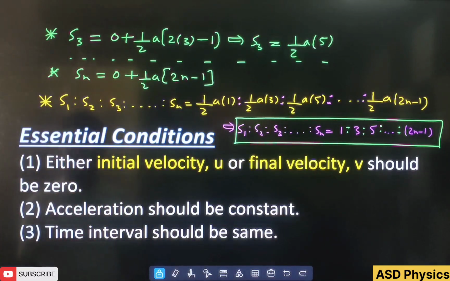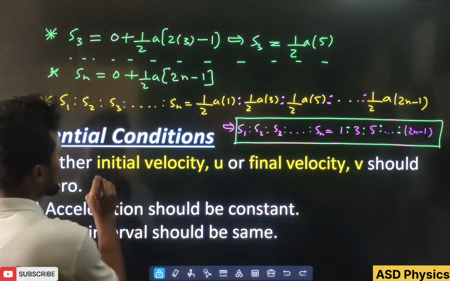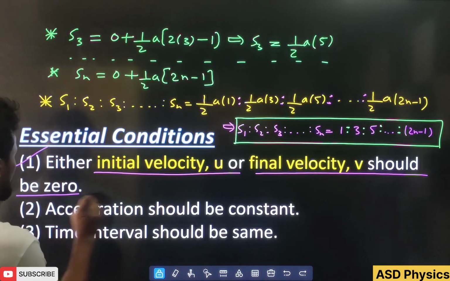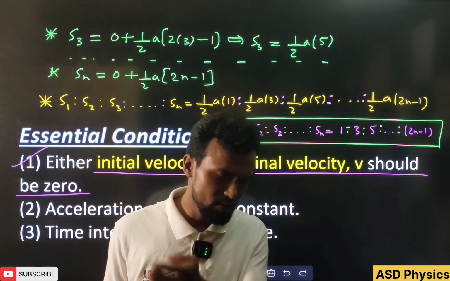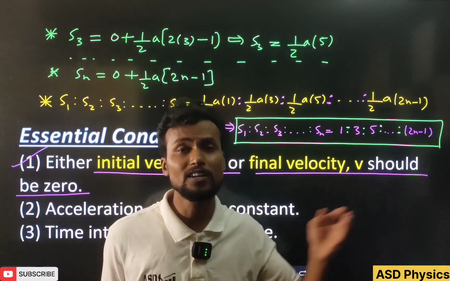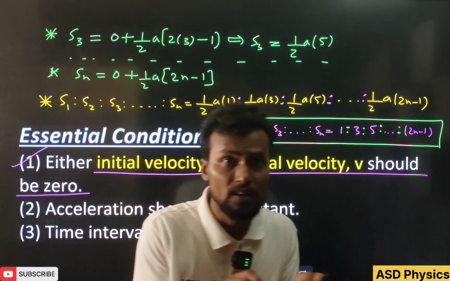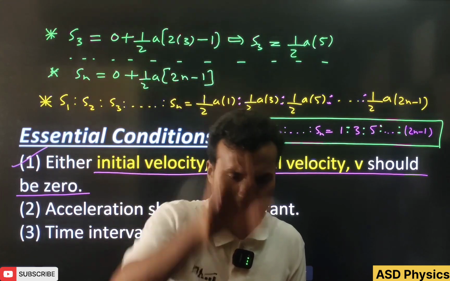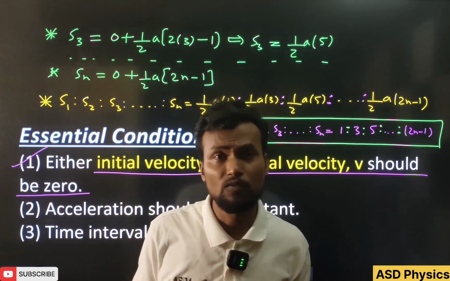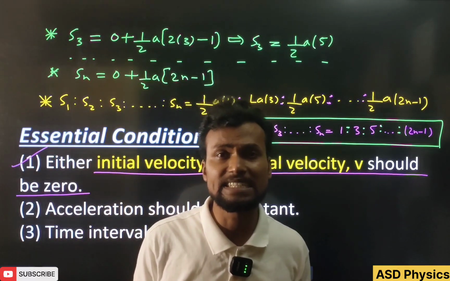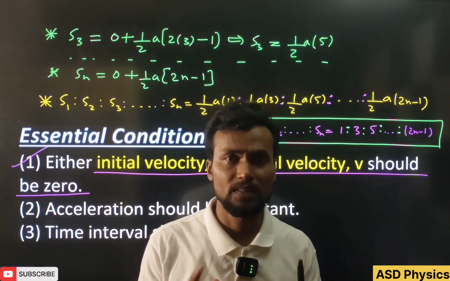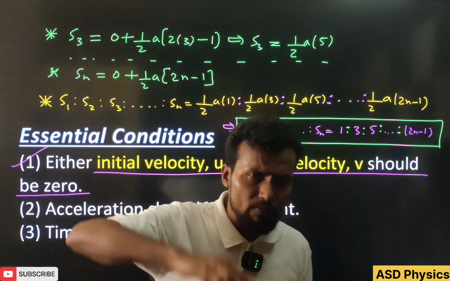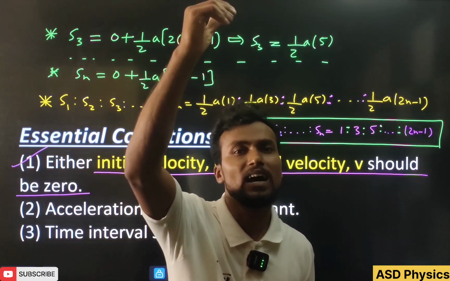See here please, the essential conditions. First, either the initial velocity u or the final velocity v should be 0. If the speed of the object is increasing, it should start from rest, like when we drop an object: it starts from rest and the speed increases. Second, if the speed of the object is decreasing and at the end it stops, for example when we throw an object upward, the velocity decreases and at the highest point it becomes 0.